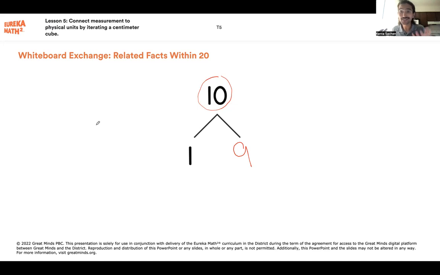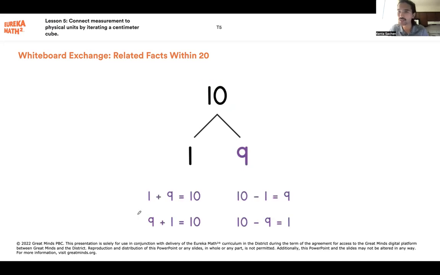So I can say some equations with this, or some number sentences. So let's read them together. This one first. 1 plus 9 equals 10. Good, and make sure you're reading them with me, okay? Now, if we turn that into a subtraction sentence, we can say 10 minus 1 equals 9. Good work.